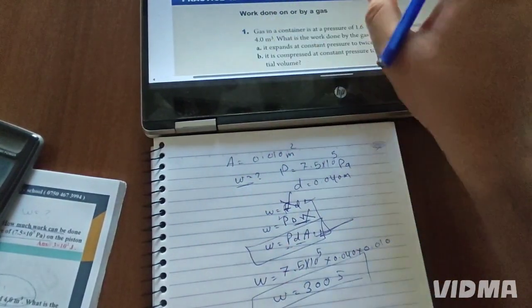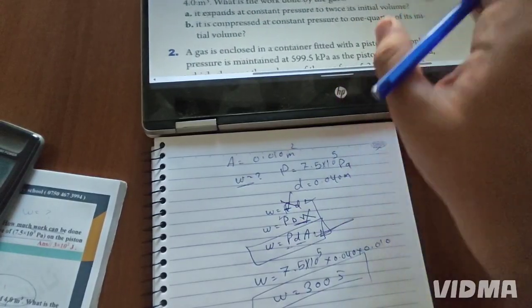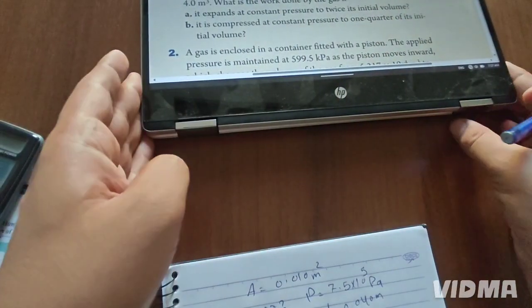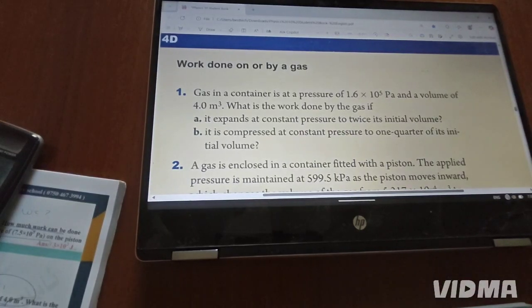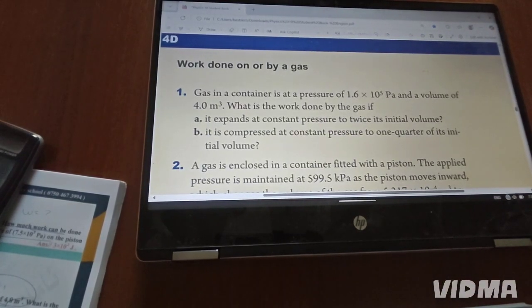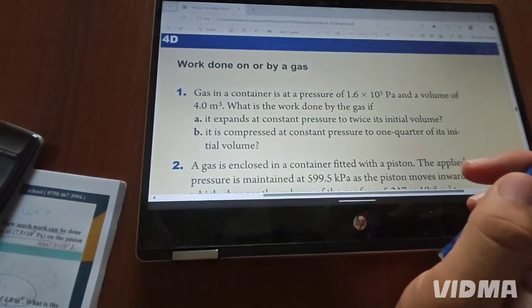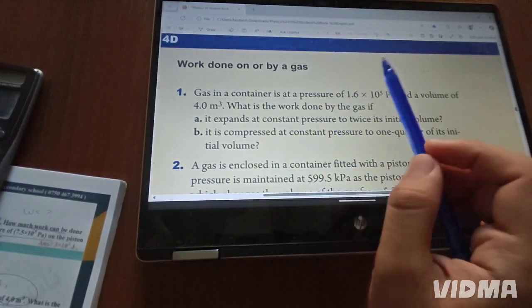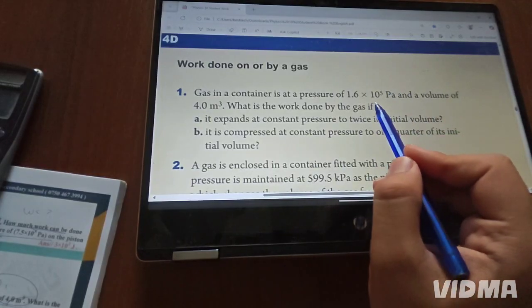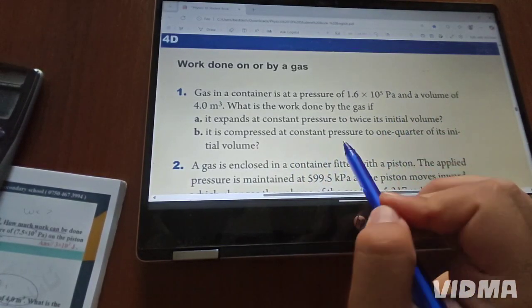Example. Question 1 example. Gas in a container is at a pressure of 1.6 times 10 power 5 Pascal.